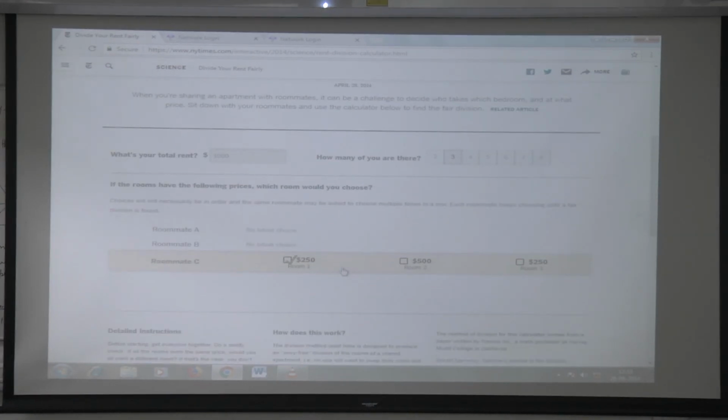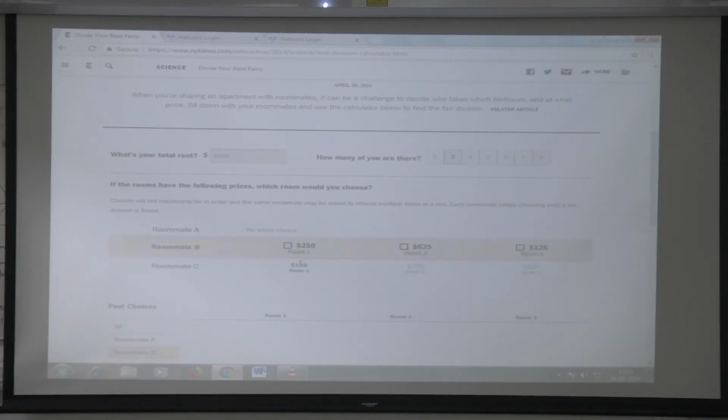The questions it will ask roommate C: at these price configurations for these rooms, which one do you like the best? Maybe I say that I like room 2 at $500 the best among all these three. Then it will ask me some other question, I answer, then it moves to a different roommate, maybe a different vertex where the owner changes, and so on. It keeps asking you these questions. Let me go for the cheapest rooms.